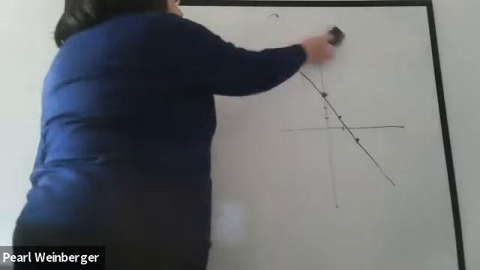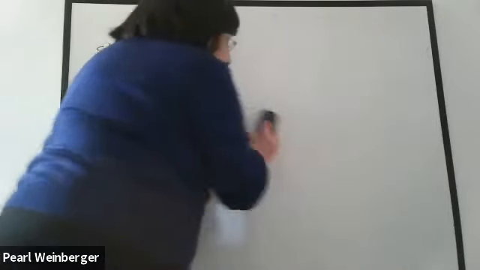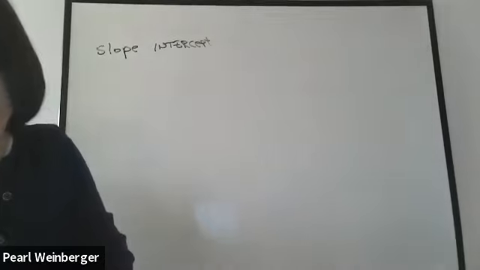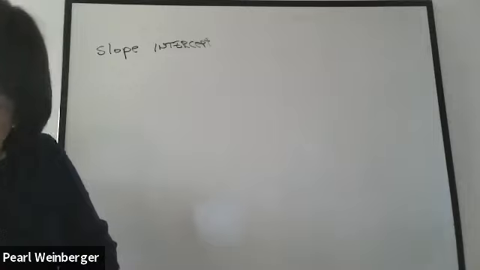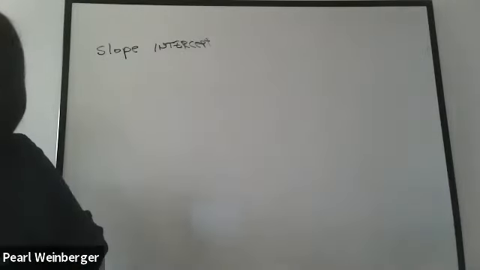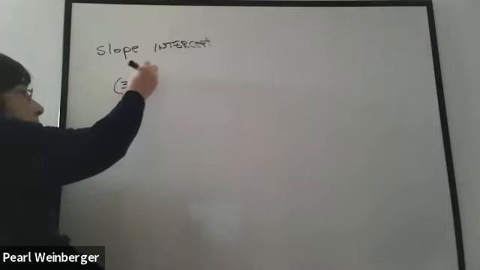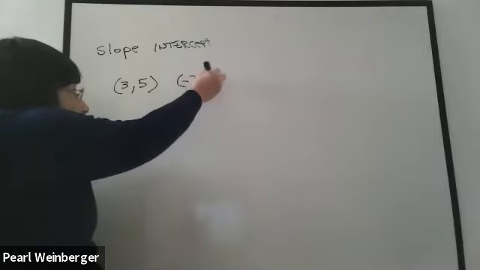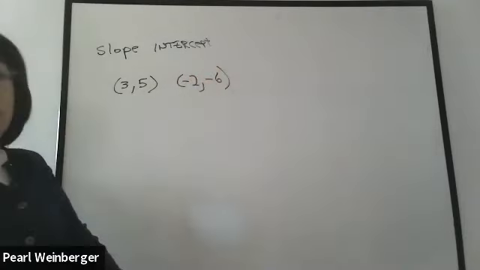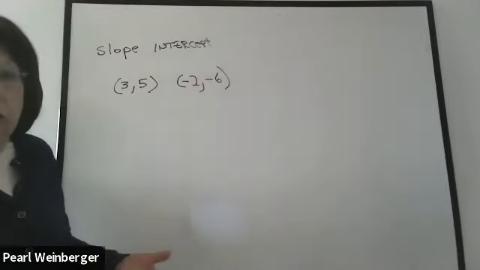Sometimes I might be given 2 points on a line. Let's say the points are (3, 5) and (-2, -6). Here are 2 points. Now we know when we have 2 points, we could draw a line.